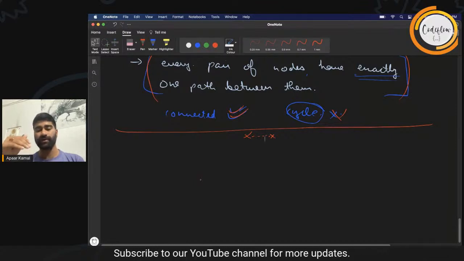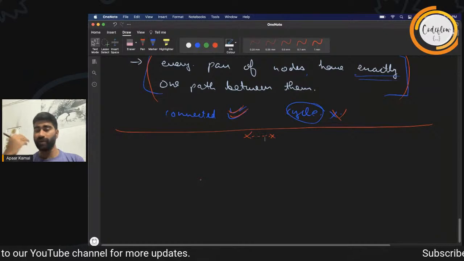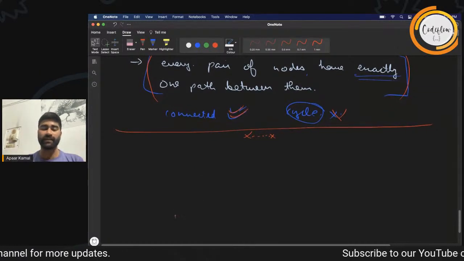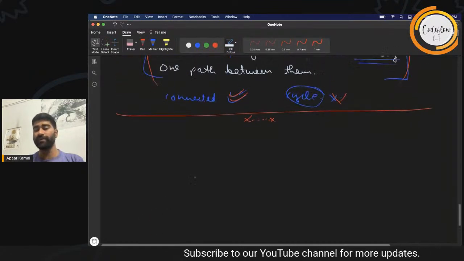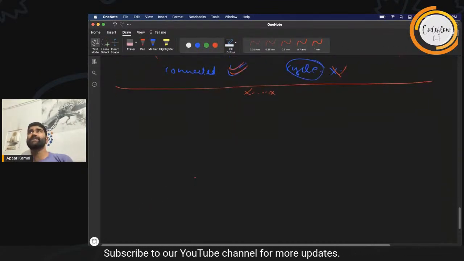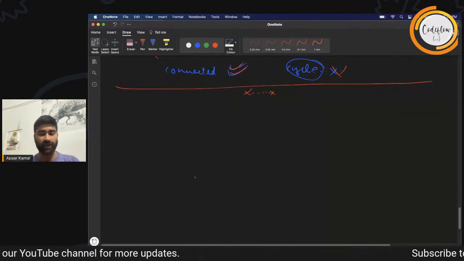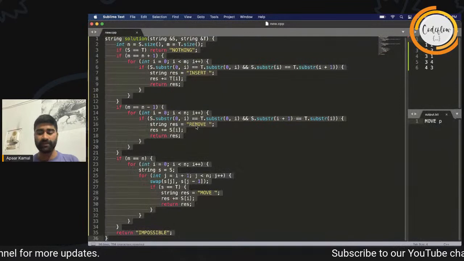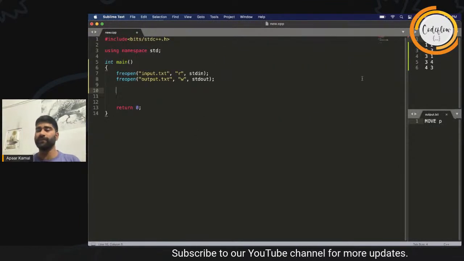No matter who the interviewer is or what he's trying to ask, you have to code it in the end. So let us figure out how to represent these tree structures in code, and we will also code it out. Cool. I've already got Sublime Text open here, and we'll code in C++.